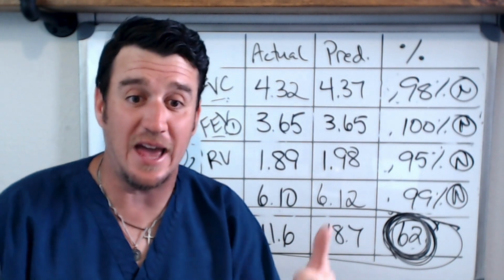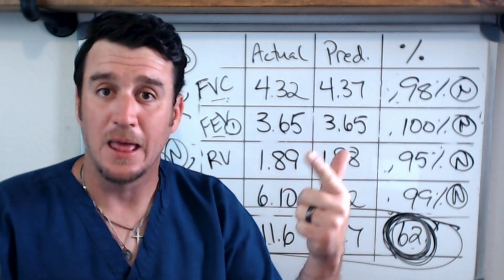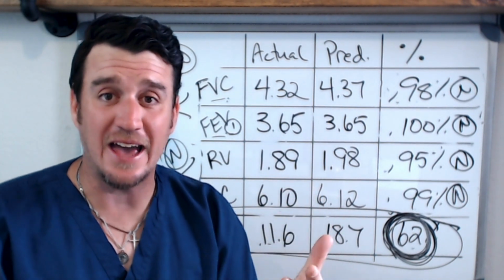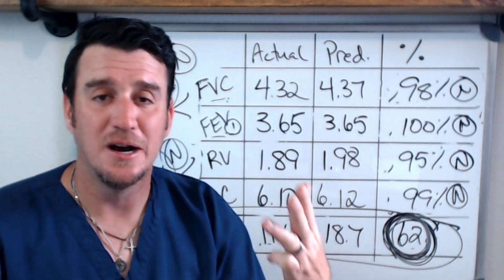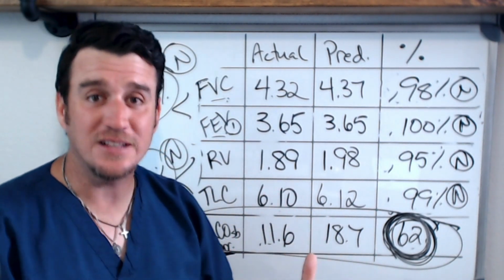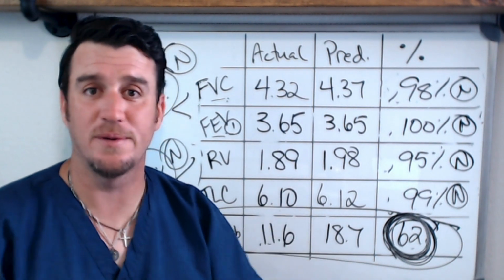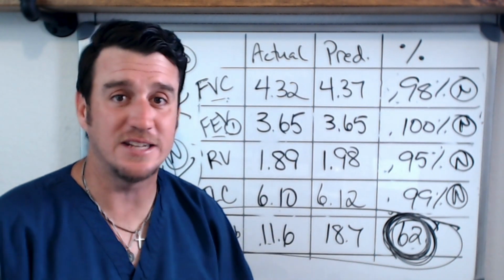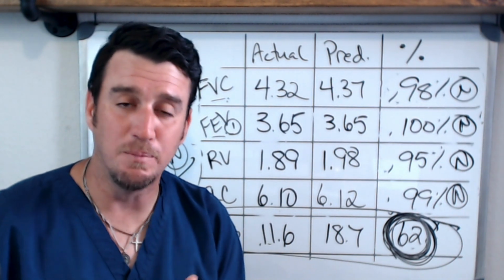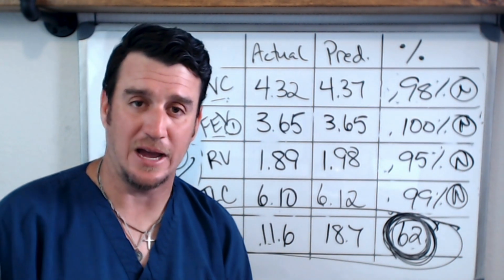So if the question is A, emphysema, B, pulmonary fibrosis, C, asthma, D, pulmonary hypertension, for this patient, the answer is D, pulmonary hypertension. It's not obstructive nor restrictive. It's in the blood flow through the pulmonary capillaries.